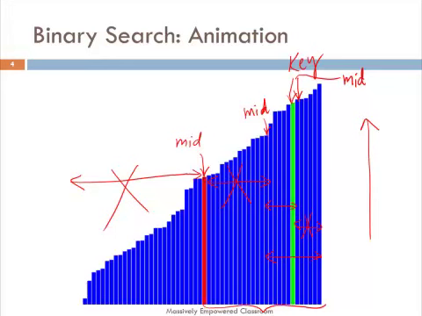The most important thing to remember here is all of these elements were never compared with the key. No comparison was done for any of these with the key. In sequential search, we would have compared every one of these elements with the key. Here we don't do that at all.